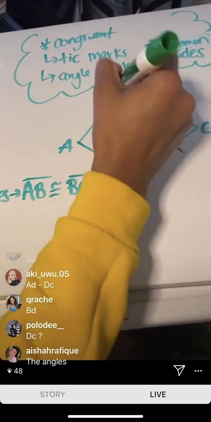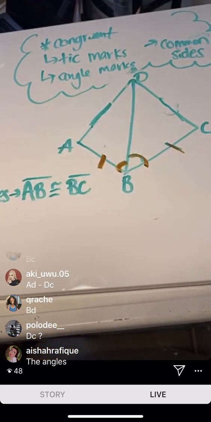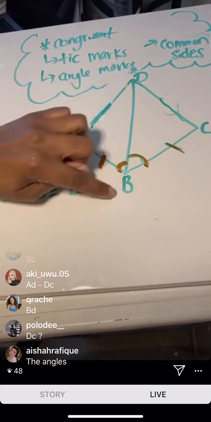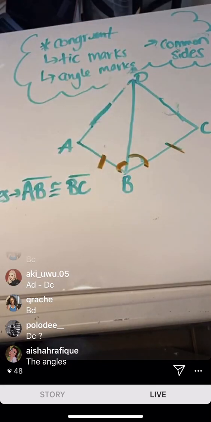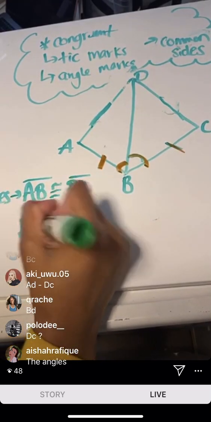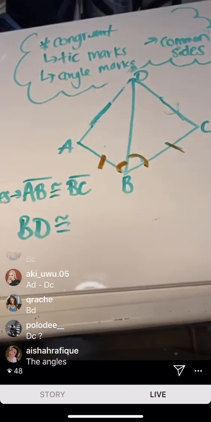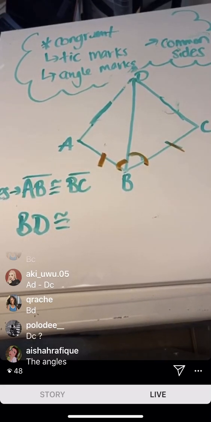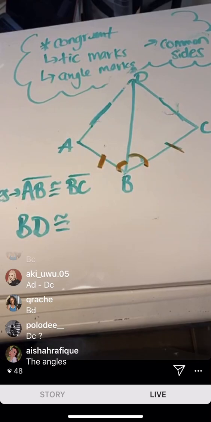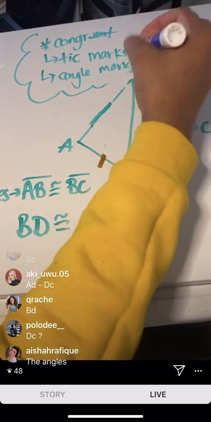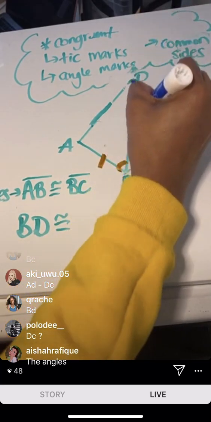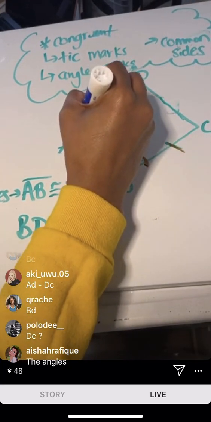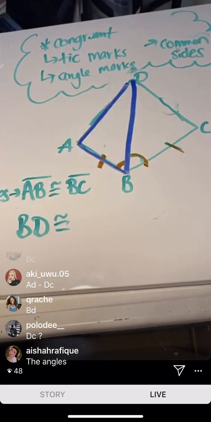All right, I've seen some other things in the comments. Aisha said the angles. Aisha, which angles? And then I believe this is Rachel who said BD. What is BD congruent to? That's right. BD is congruent to something. There was an example like this on the Ed Puzzle video towards the end. BD goes with both triangles. So BD is a part of that triangle.